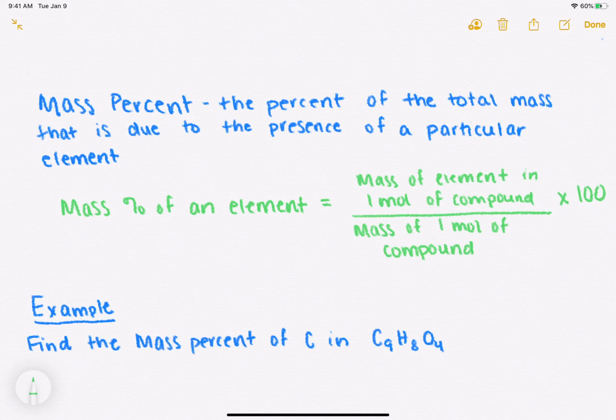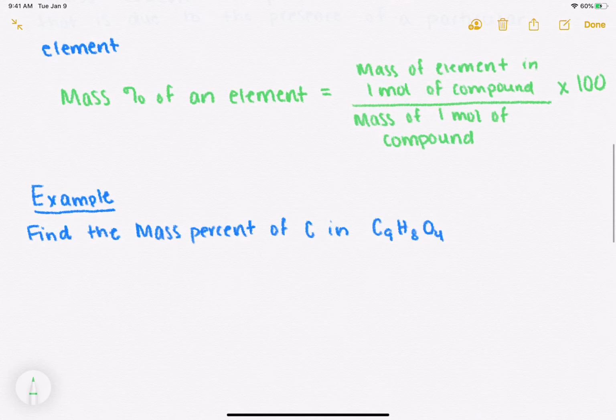So let's do an example. We're going to use the same molecule that we looked at in the last video, the C9H8O4. This is the active ingredient in aspirin. And we want to find the mass percent of carbon in C9H8O4.